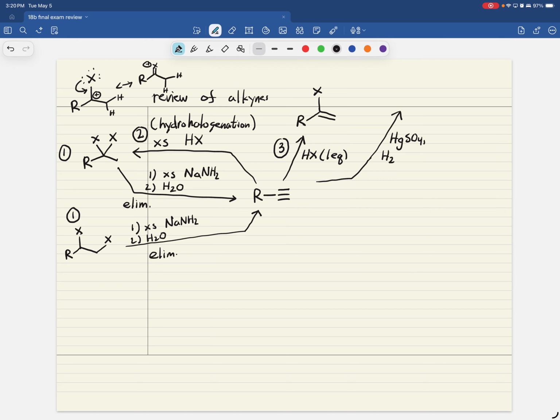Just remember the product. Do you remember we went to an enol, but what did that turn into right away? Yeah, that's a ketone here.